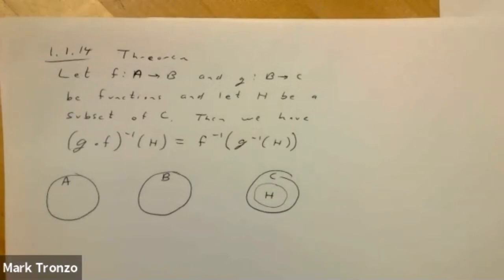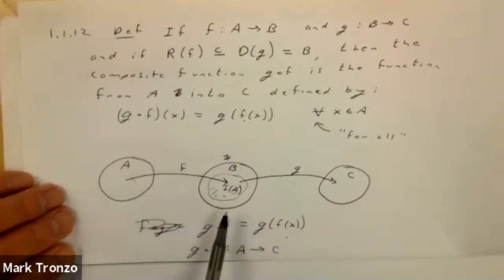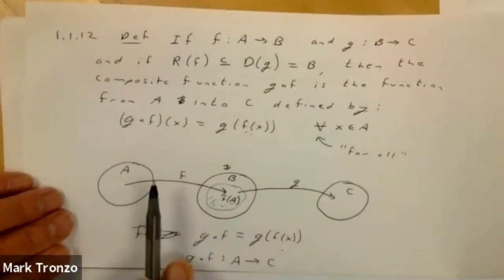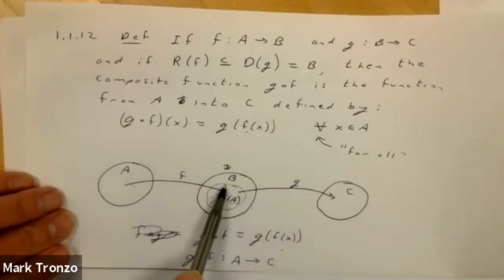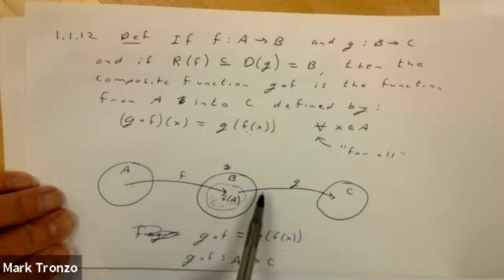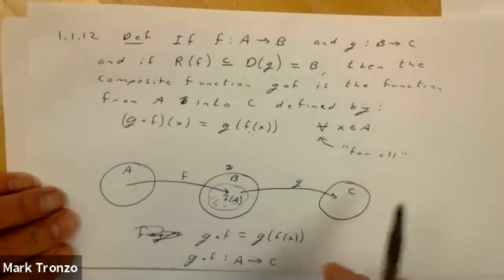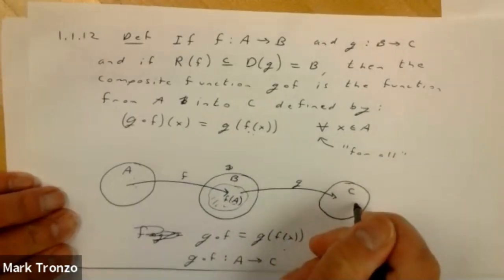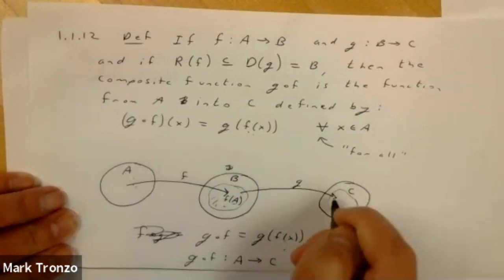In fact, if we look at the picture we had a minute ago, F was taken from A to B, and then it was going to have some image here. Not could be all of B, but could be a subset of B. Then those values are going to be taken to C. And once again, it could be all of C, or it could be just some part down here.